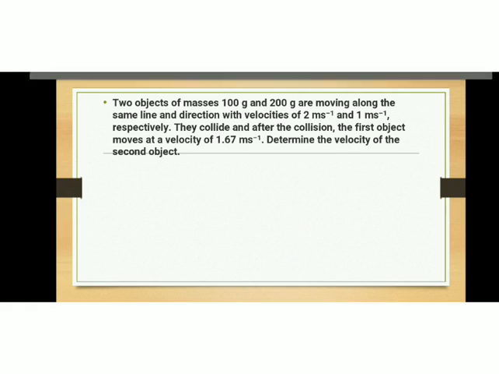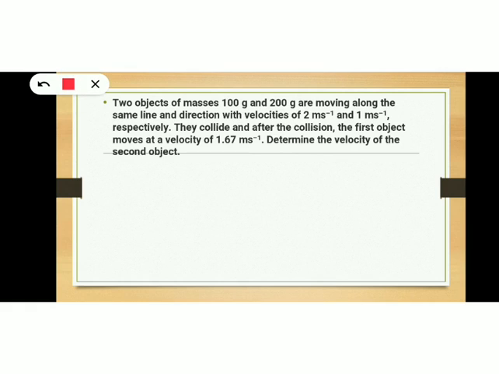Now this is the next numerical. Two objects of masses 100 gram and 200 gram are moving along the same line and direction with velocities of 2 meter per second and 1 meter per second respectively. They collide, and after the collision, the first object moves at a velocity of 1.67 meter per second. Determine the velocity of the second object.